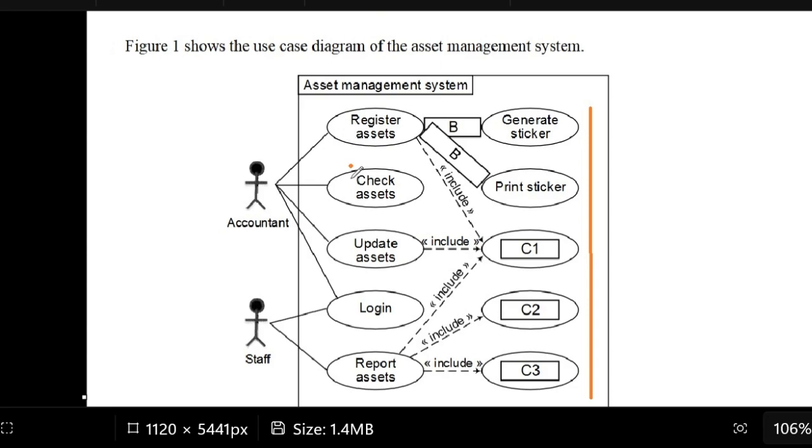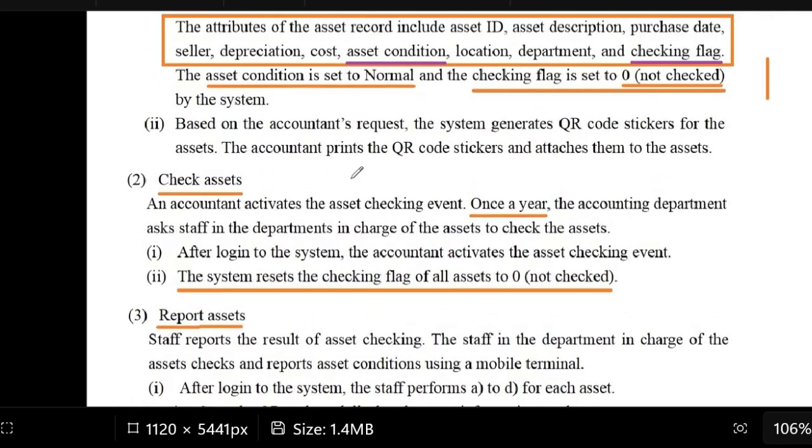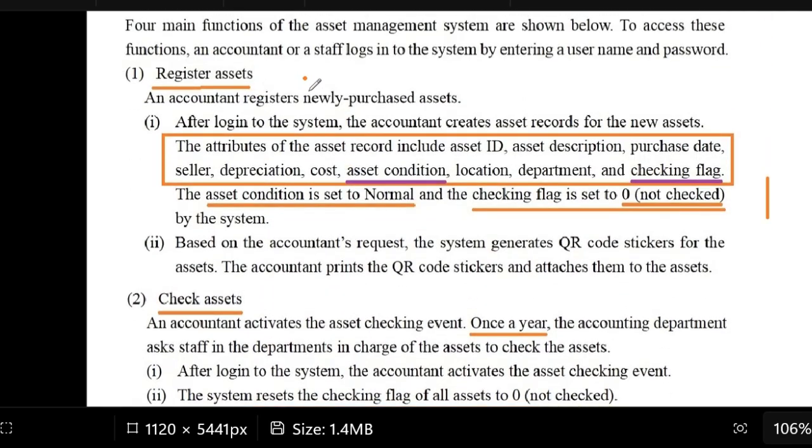If we need to also understand what is happening here, then we need to look at the register assets step. For example, it says here that when we're doing the register assets, this is what we need to do. That's why there's a part here where we generate QR code stickers and also print QR code stickers.